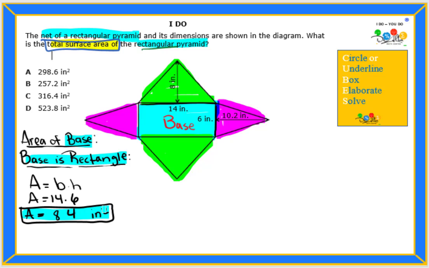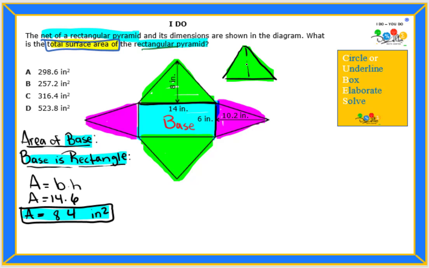Now we're going to find the area of our triangular faces. I'm going to start with the larger triangle. So if I look at the triangle to find my dimensions, I know that the bottom here is touching the top of the rectangle.